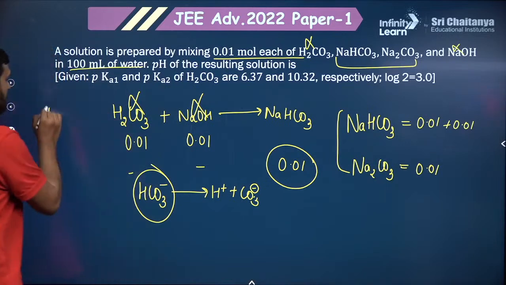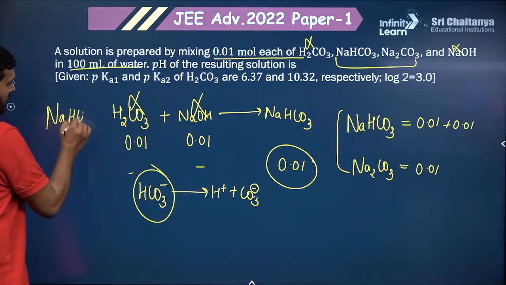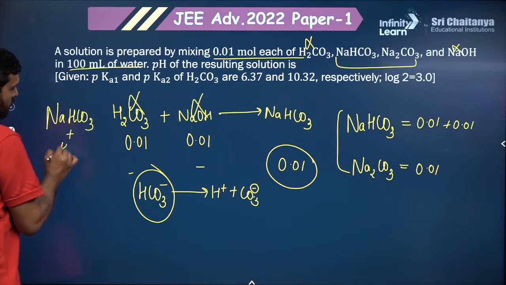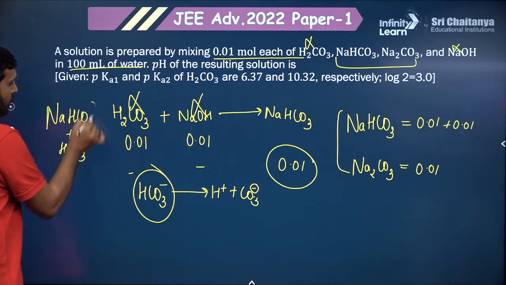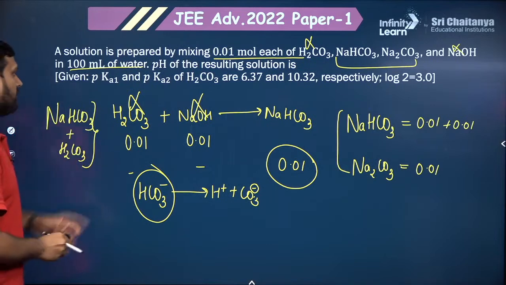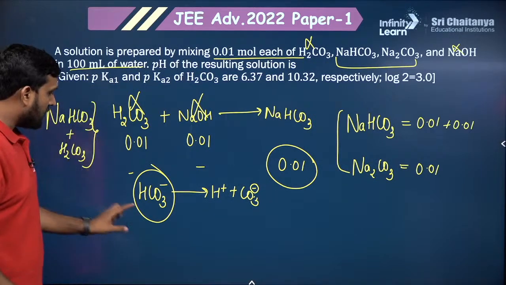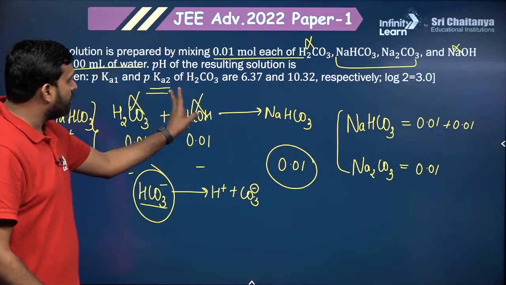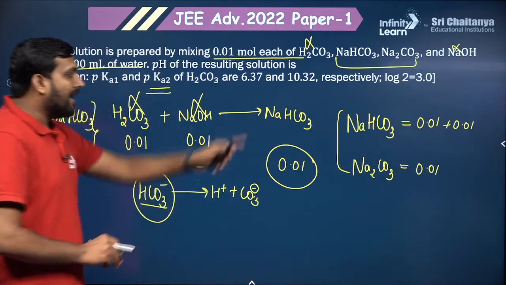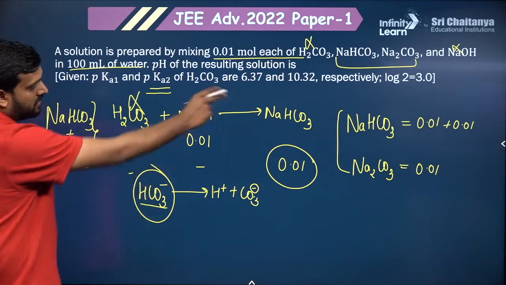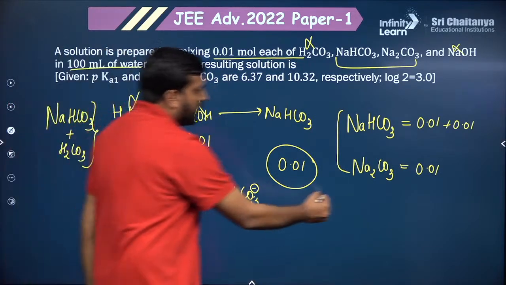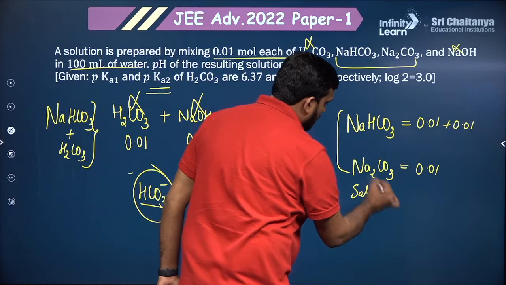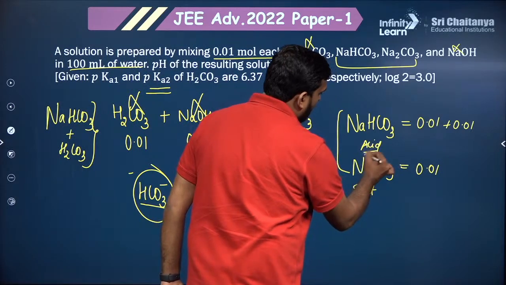The buffer of NaHCO3 along with H2CO3 would be for the first removal of hydrogen, then we would consider pK1, but here it is for this acid, so we will take the value of pK2 in this question, okay. And this is the salt concentration and this is the acid concentration involved in the buffer, okay.